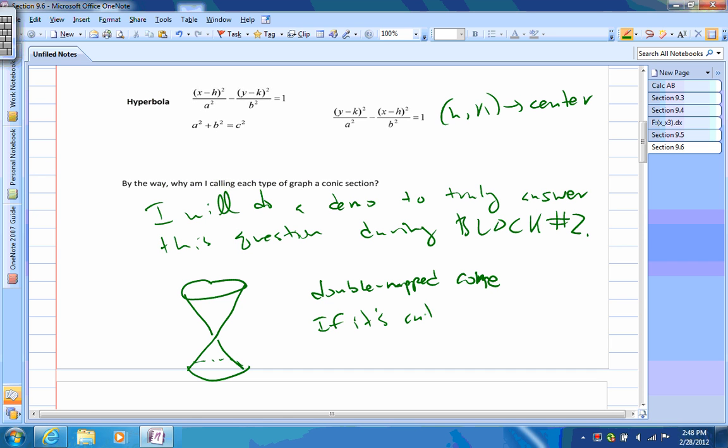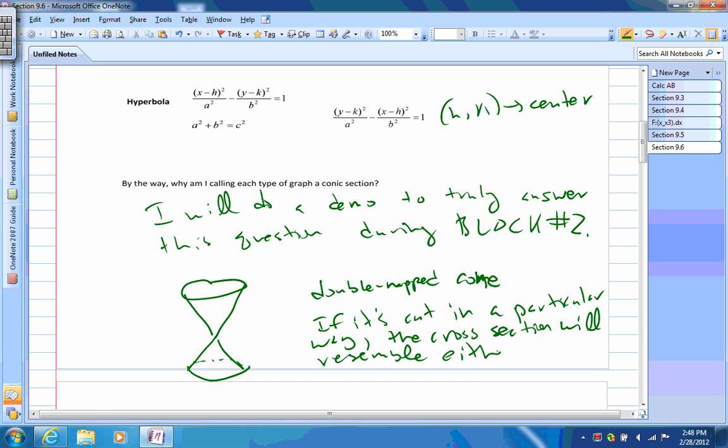If it's cut in a particular way, the cross section will resemble either a circle, parabola, ellipse, or hyperbola. It's a little bit hard to show you through a video.